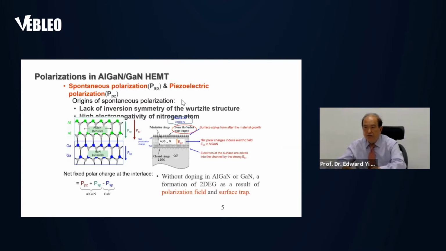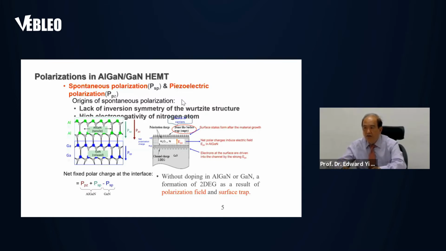Okay, so just like I said, the material has a spontaneous polarization and a ferroelectric polarization because of the lack of symmetry of the crystal structure, and also because of the electronegativity difference between the two atoms. The figure shows how these two polarizations form, and they create an electric field driving the electrons toward the 2DEG area.